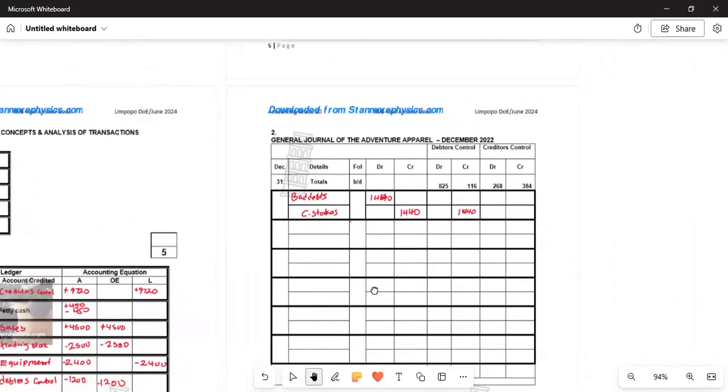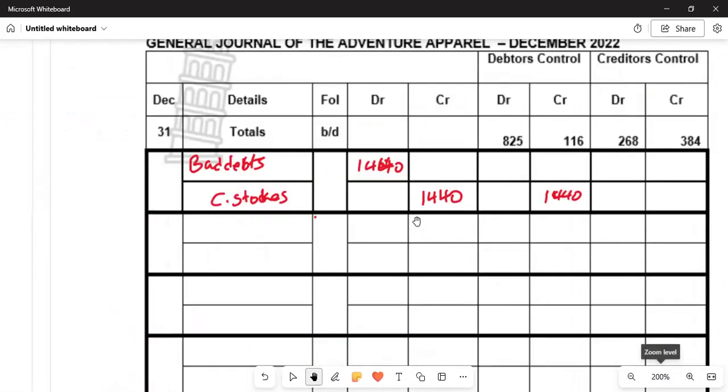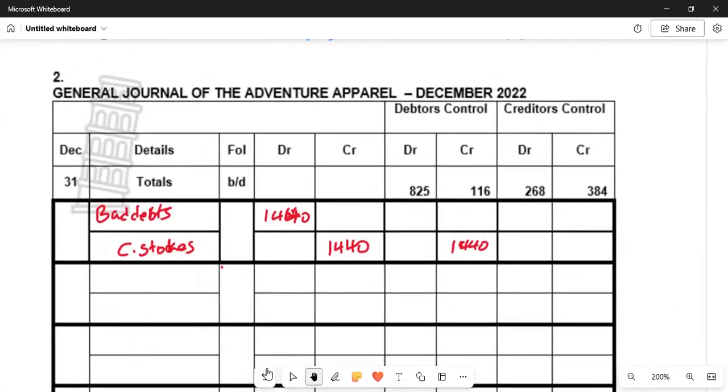Here we are. So we are going to have M. Maxwell, and then M. Maxwell again.